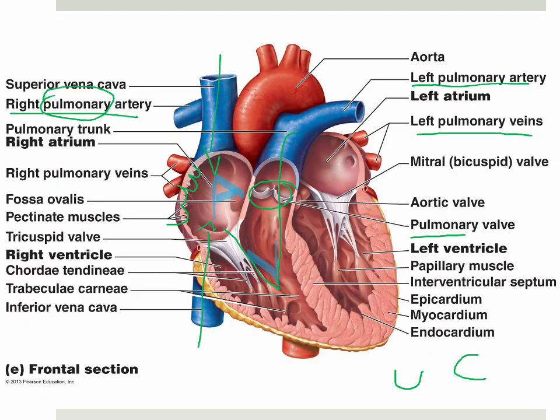The reason for this is just the structure of how these vessels were formed. The thing that you need to know is that the right side is low in oxygen because the blood is coming from the body to the lungs, from the lungs to the left atrium, from the left atrium to the left ventricle, and from there to the rest of the body.